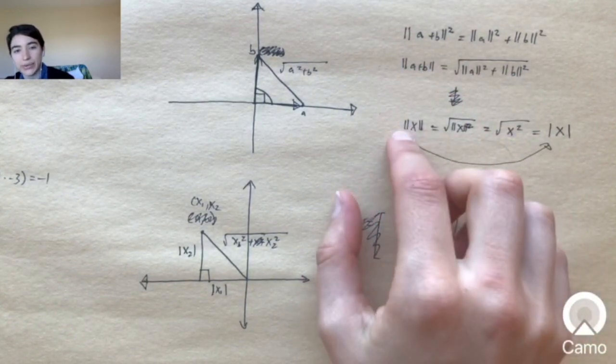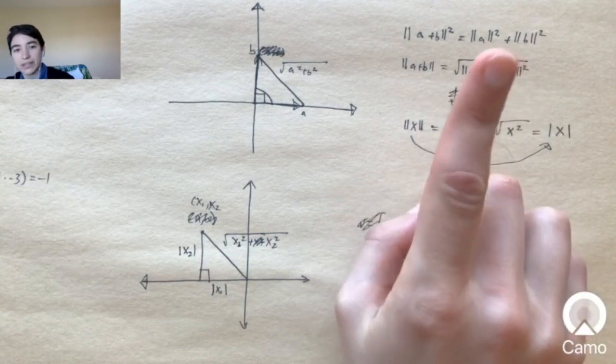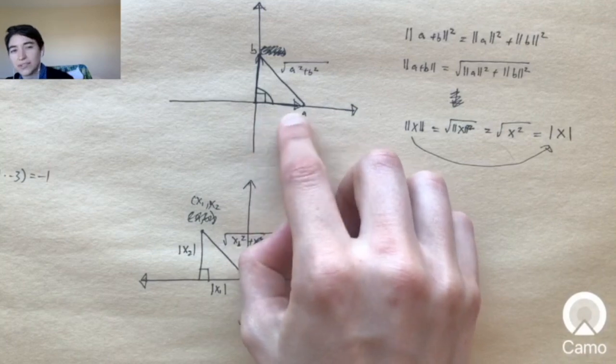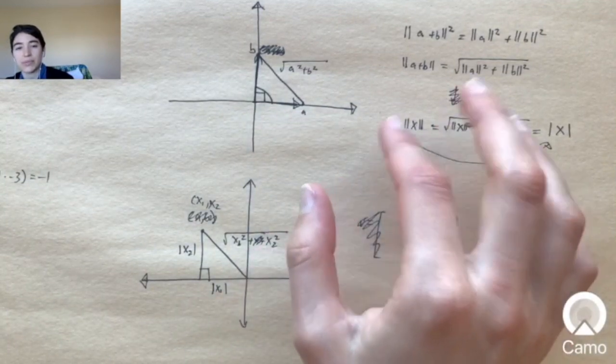Another thing to recall is that if we want to take the magnitude of just a single vector, if we wanted the magnitude of a itself, I'm going to rename this as x.